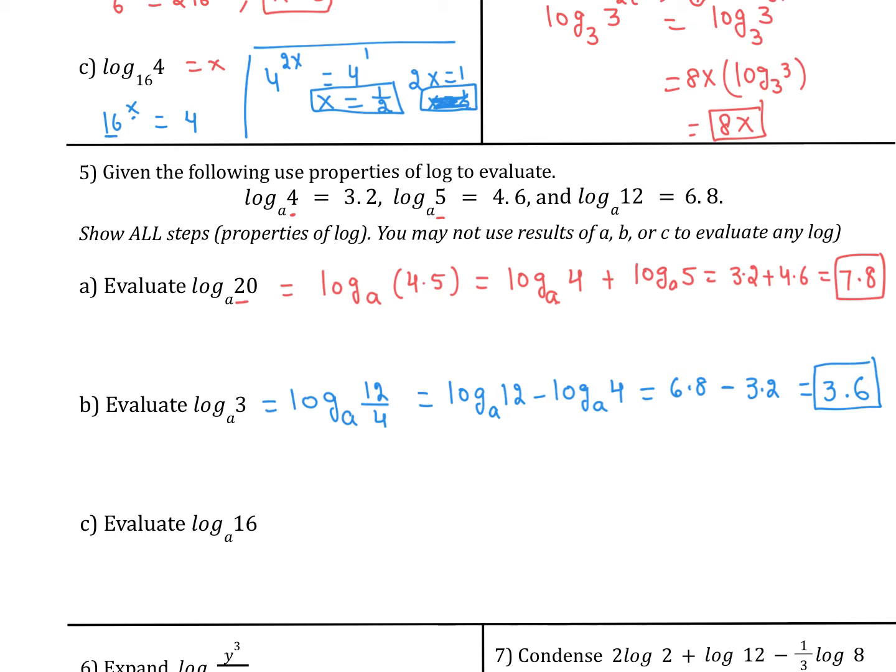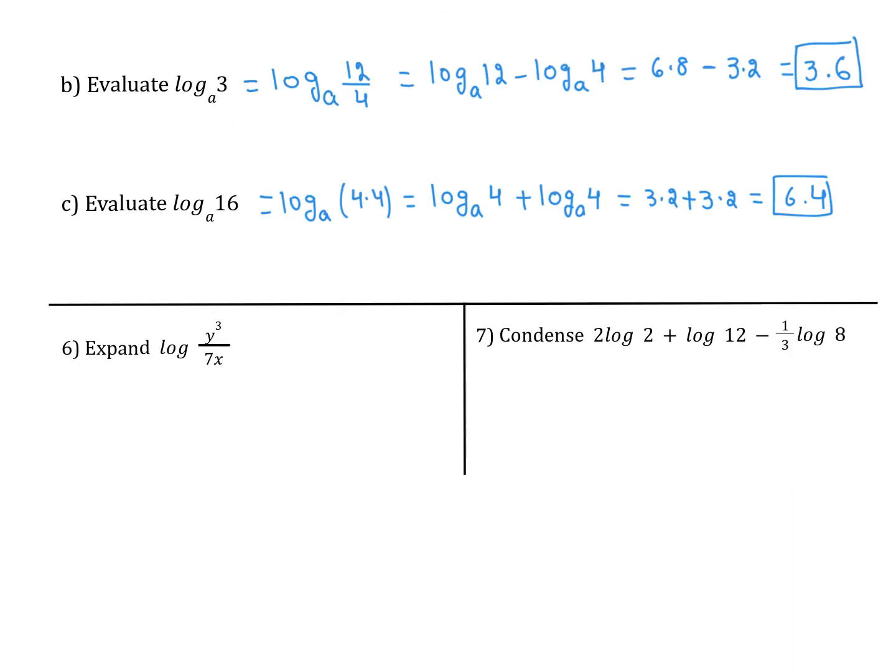For letter C, we are going to break the 16 as 4 times 4, and you're going to apply the product property. And that is 3.2 plus 3.2, which is 6.4.